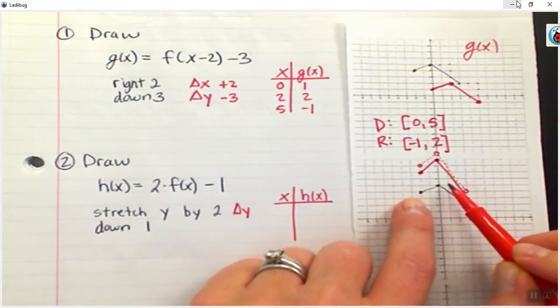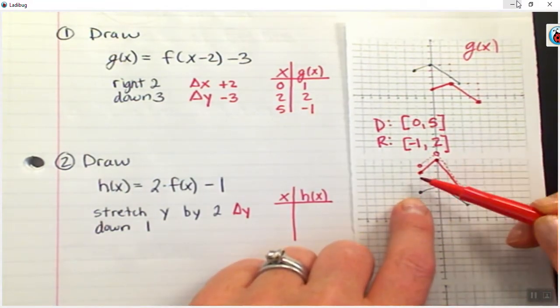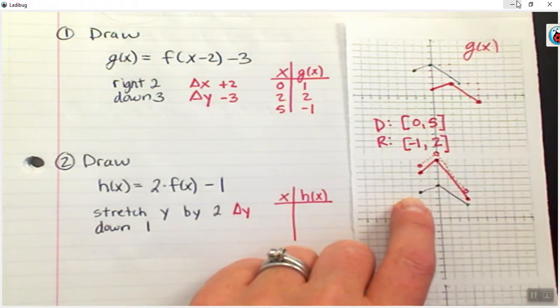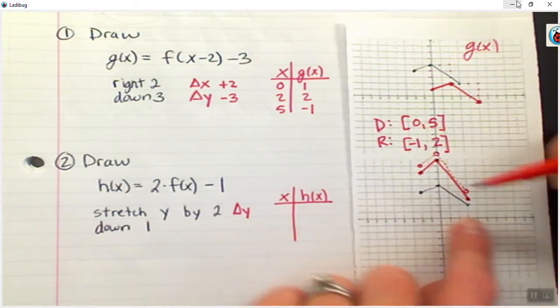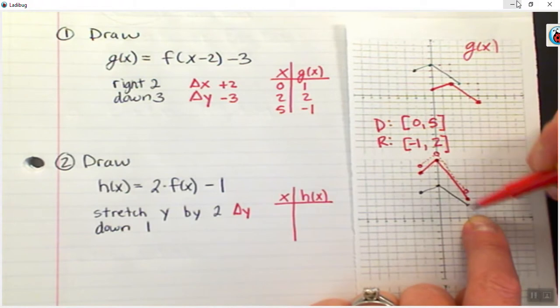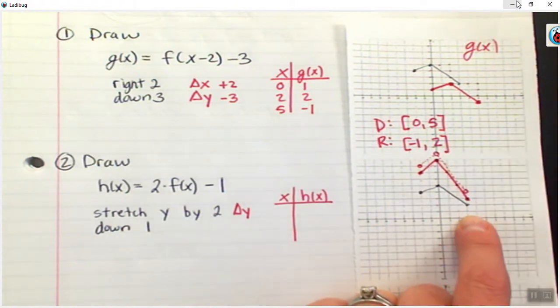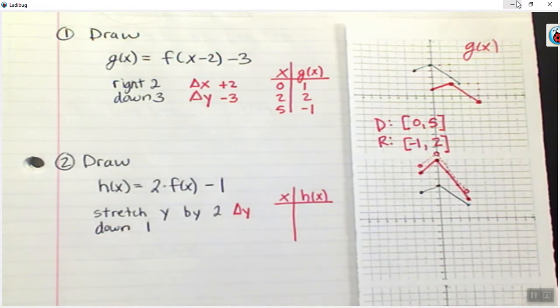My slope went from 1/2 to 1. My slope went from -1 to -2. Doubled. The y coordinates doubled. Okay.